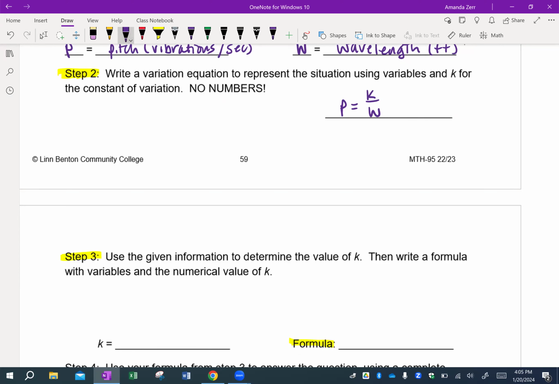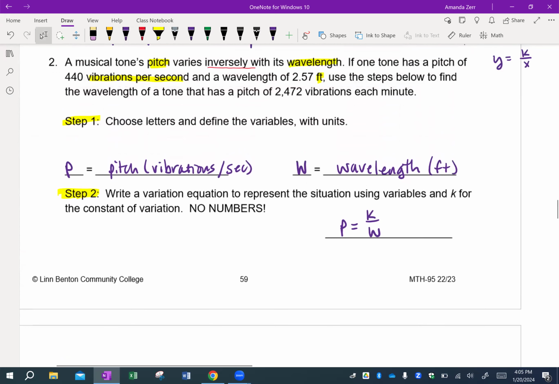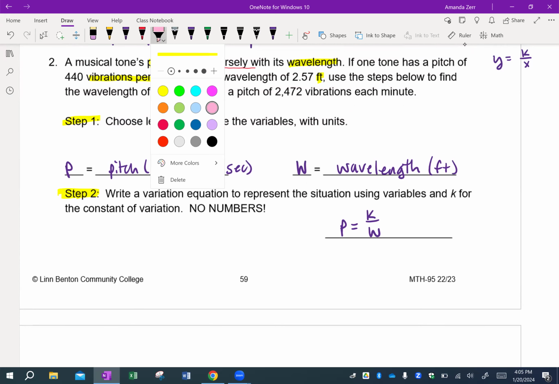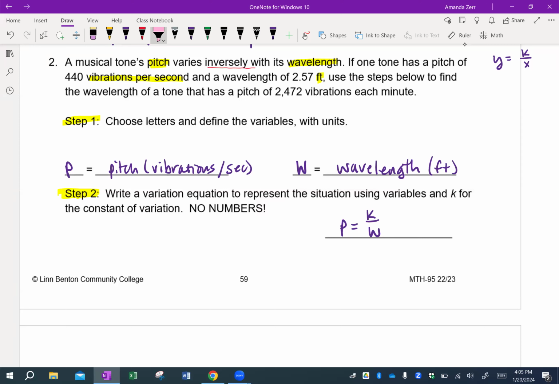All right, so we're going to use the example that was given, that a pitch of 440 vibrations per second has a wavelength of 2.54 feet.